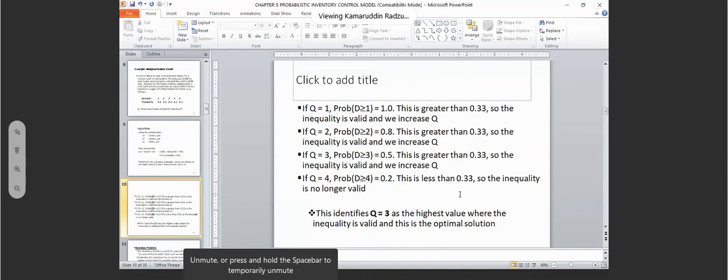Let's say if Q, the order quantity, is 1, so the probability of demand is bigger and equal to 1, equal to 1. So this value of probability for Q equal to 1 is greater than 0.33. So the inequality based on the general rule is valid.